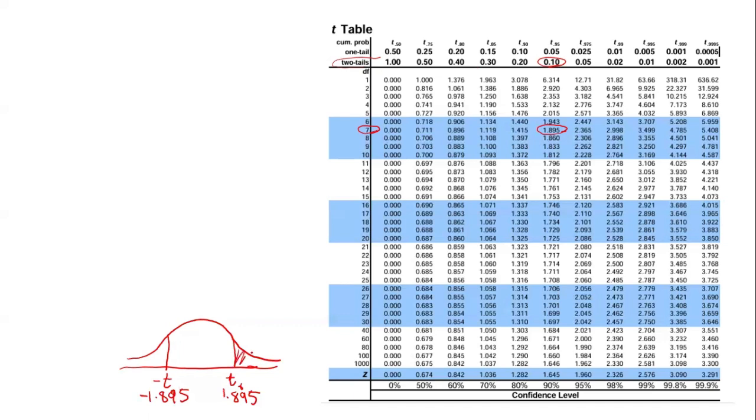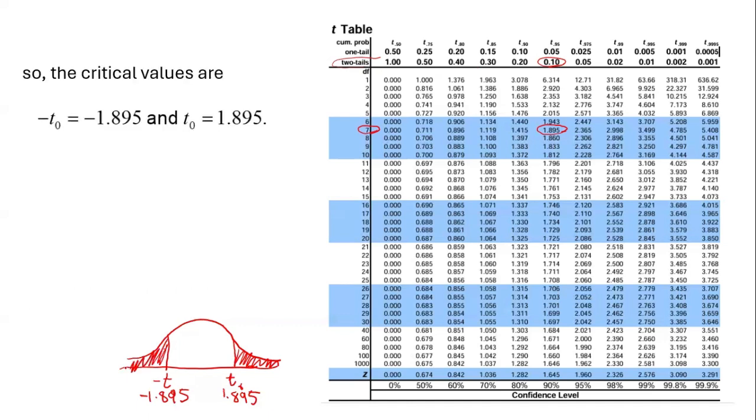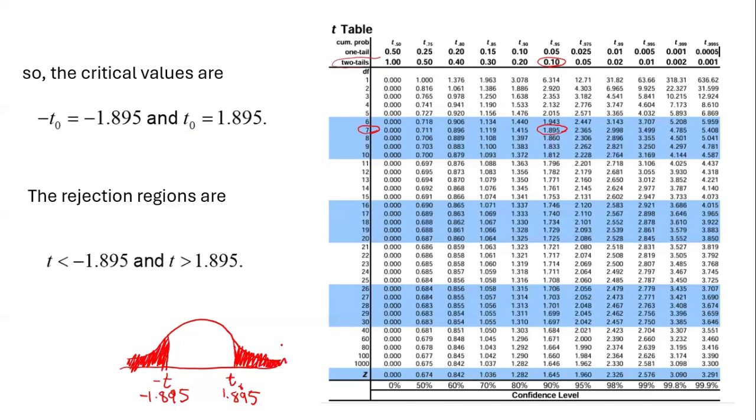And these areas on the two tails are the rejection regions. So the rejection region is any t-value that's less than negative 1.895 and any t-value that's more than positive 1.895. And after finding the rejection region, now it's time to calculate the test statistic.